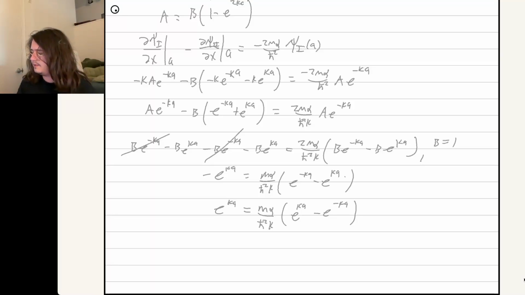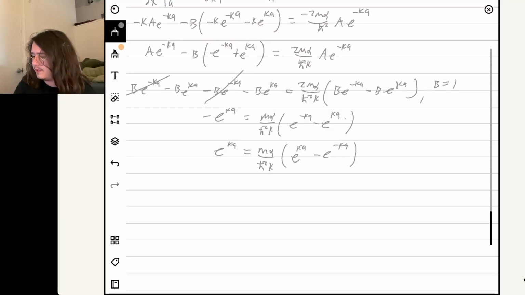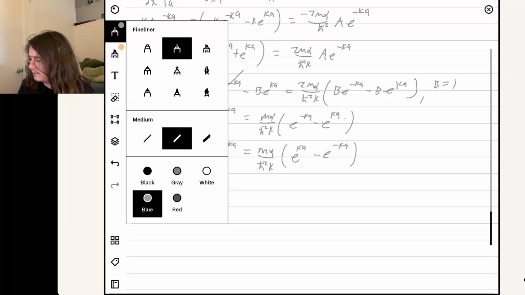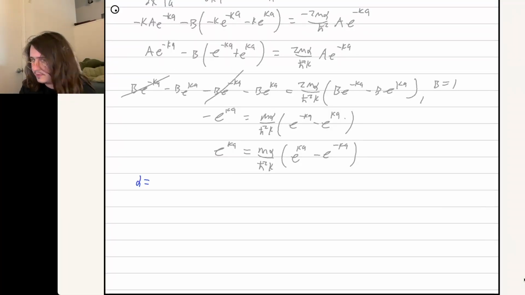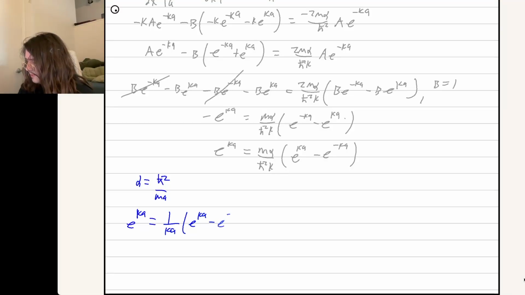And then let's plug in the same values for alpha that Griffiths gave us. So alpha equals h bar squared over ma. We find that the new equation that we have to solve is e to the ka equals 1 over ka times e to the ka minus e to the minus ka.